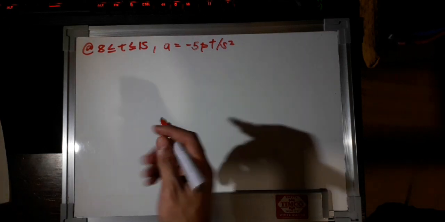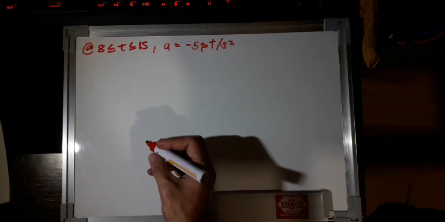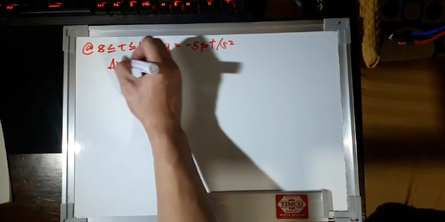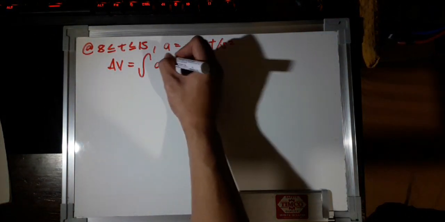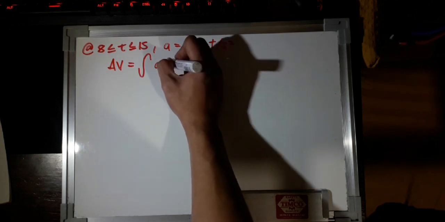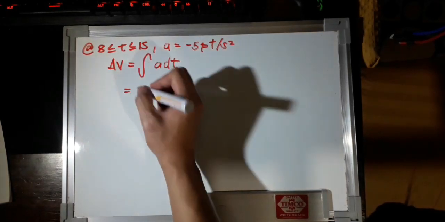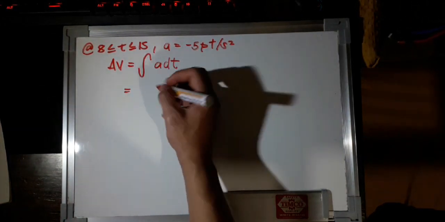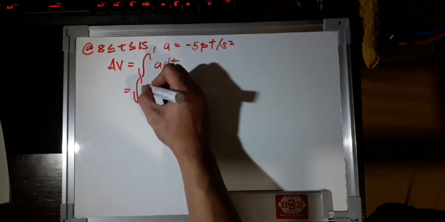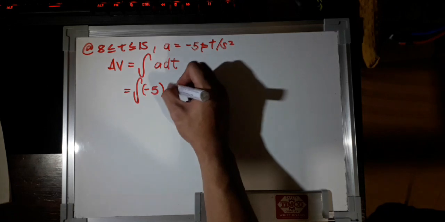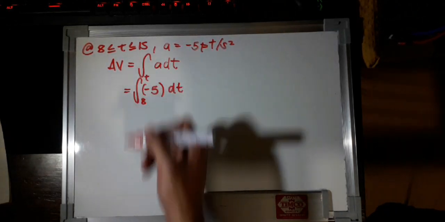So again, to solve for the velocity, the formula that we are going to use is the change in velocity, which is the integral of a dt. So substitute the value of acceleration, which is the integral of negative 5 dt, limited to 8 and then time t, which is unknown.